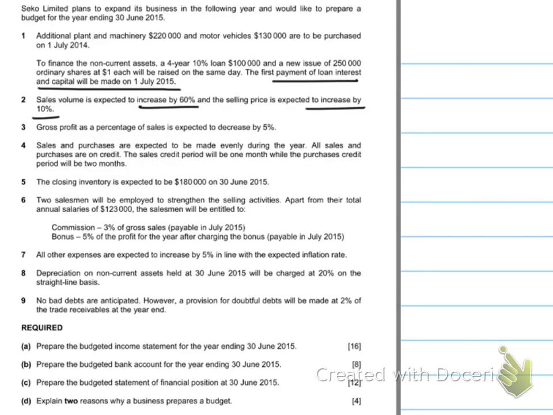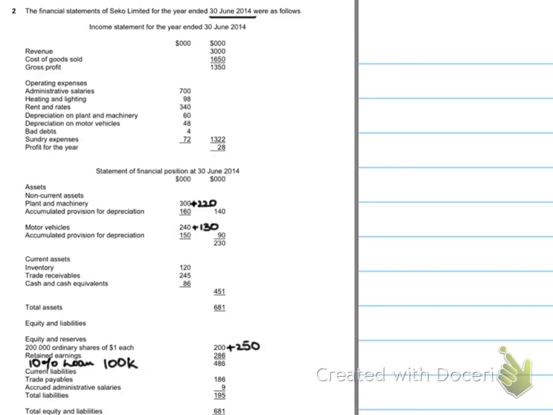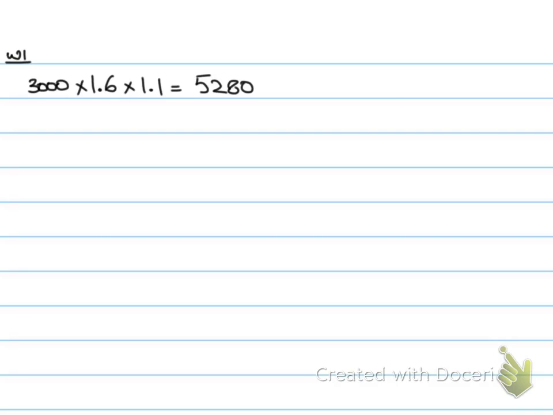as 5280. Gross profit as a percentage of sales is expected to decrease by 40%. The gross profit was 1350, so if I calculate the gross profit margin, I'll call this W2, it's 1350 upon 3,000, which is basically 45%. This will go down by 40%.